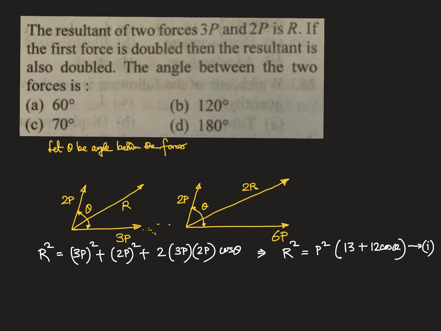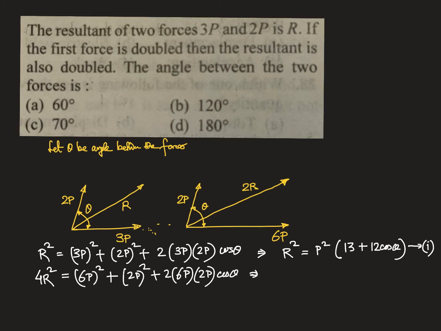From the second case, (2r) whole square, that means 4r square, is equal to (6p) square plus (2p) square plus 2 into 6p into 2p into cos theta.